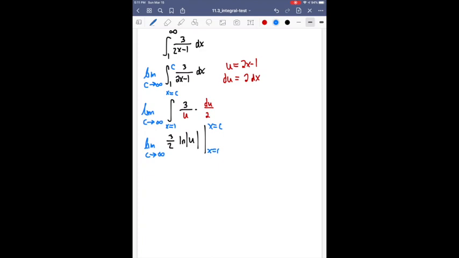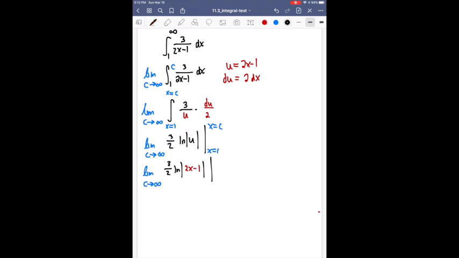But remember, our bounds of the integral are with respect to x, so we have to resubstitute in for u to get in terms of x. So just resubstituting in what u was equal to, 2x minus 1.